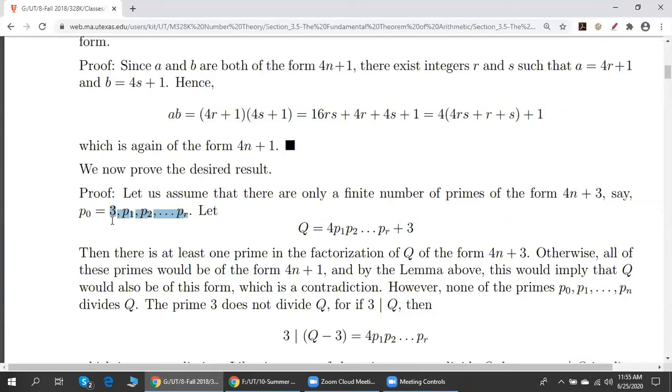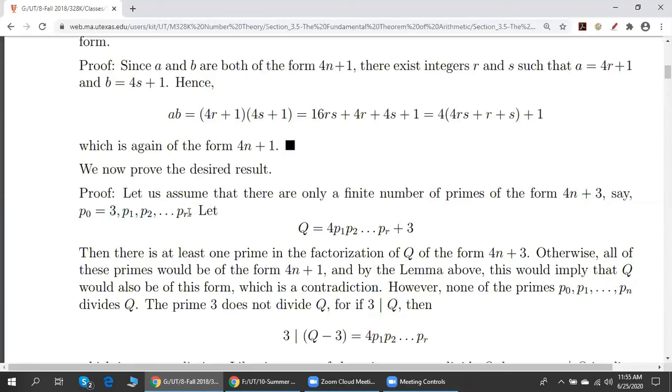So, according to what we just said, Q is divisible by at least one of the numbers from this list. Let us show that this is impossible.